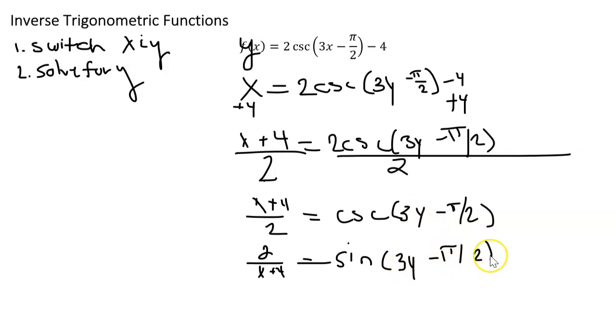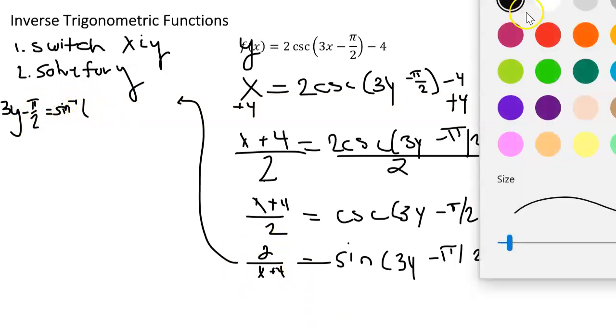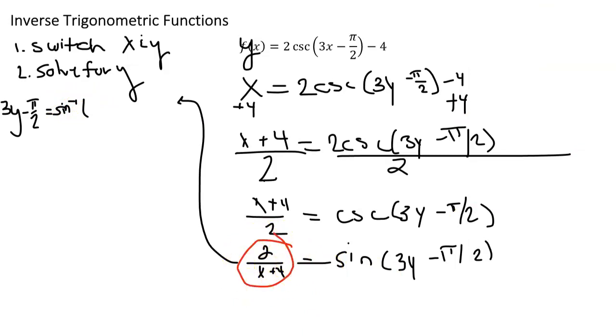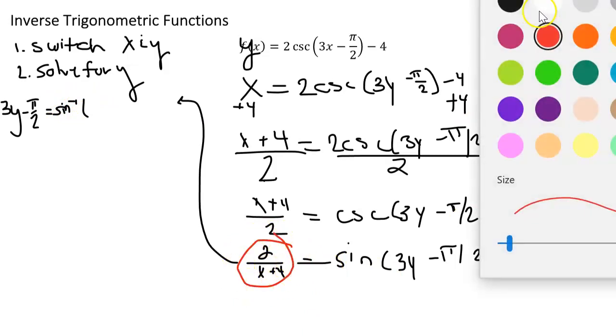All right, now that it's sine, we can use an inverse sine function. I'm going to put it over here on the left-hand side. The input becomes the output: 3y minus pi halves equals inverse sine. And what was previously the output, this expression right here, is now going to become my input.